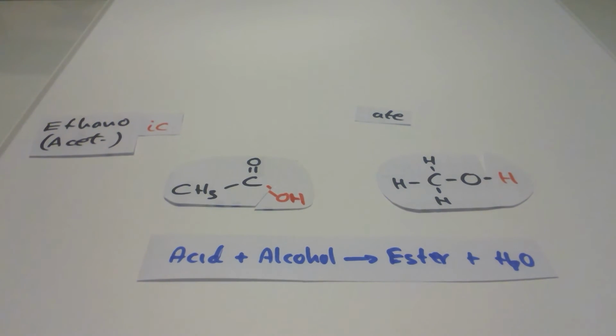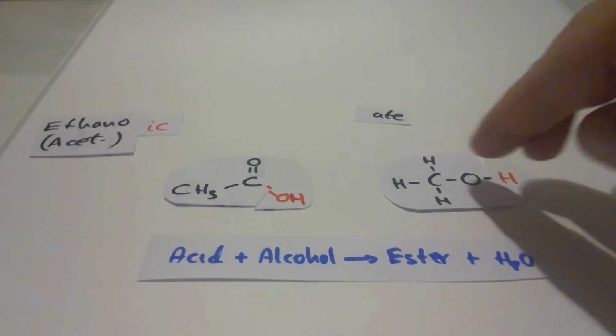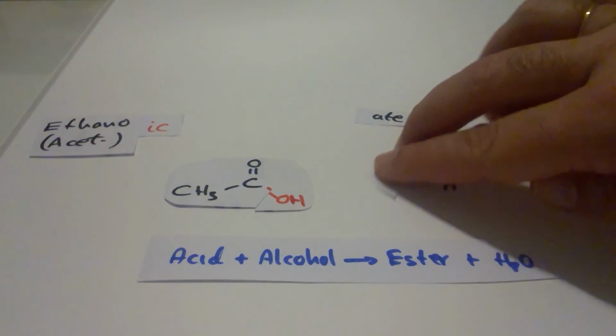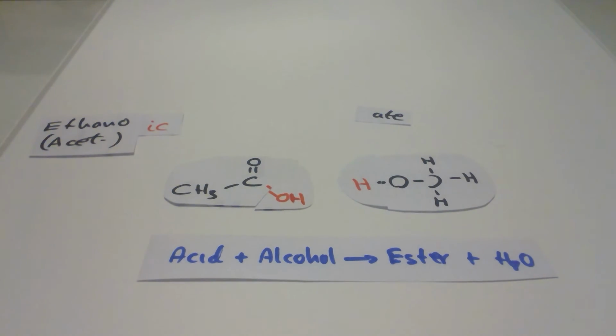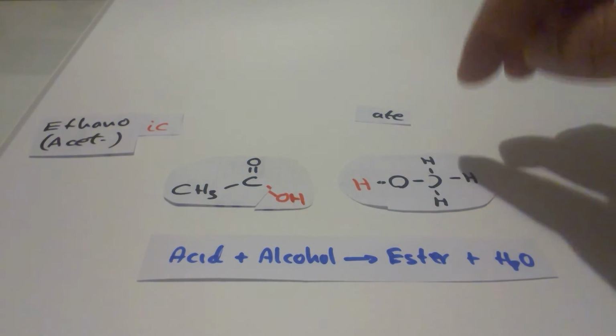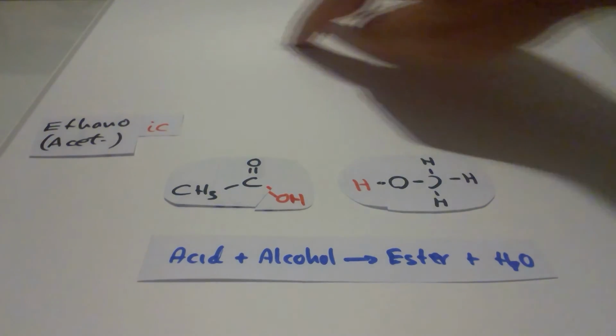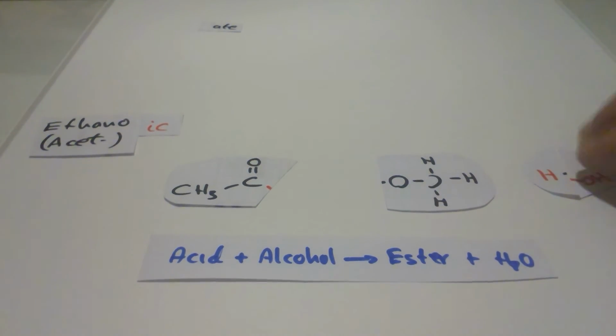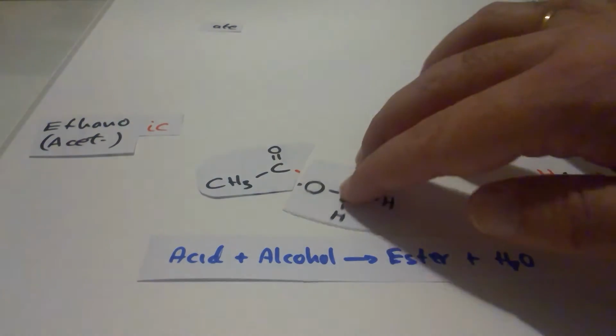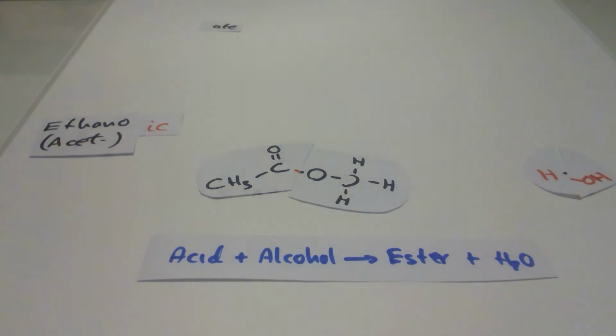Okay, so again we will face it, we will rotate the molecule until they face each other in the proper way, and then we will separate the water on one side and we will form the new molecule on the other side.